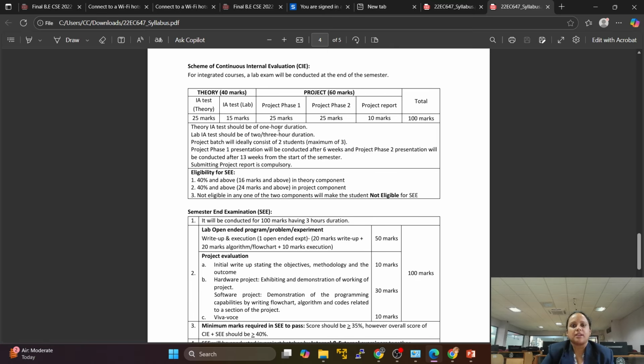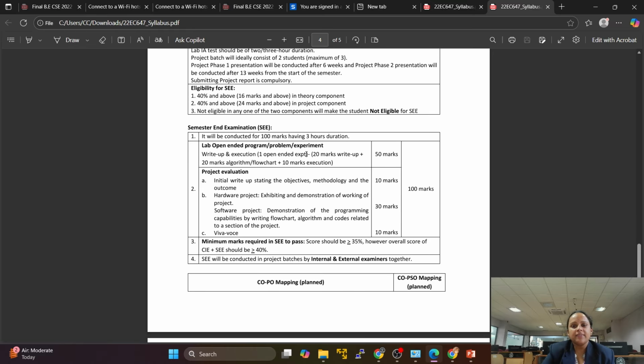The project of 60 marks is divided into two phases: 25 marks for phase one and 25 marks for phase two. In phase one, it covers the problem statement, what you are picking up, and how you are approaching it. In phase two, it goes to complete execution. So 50 marks there, plus 10 marks for your project report. This is completely your CIE assessment.